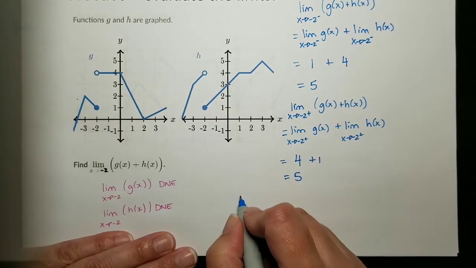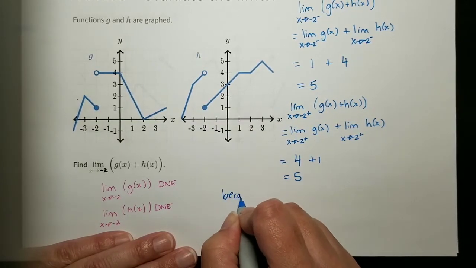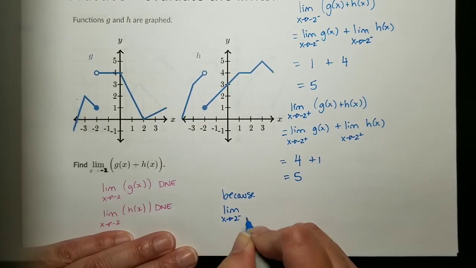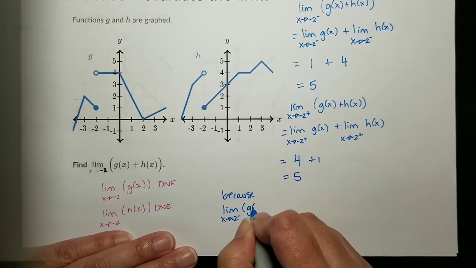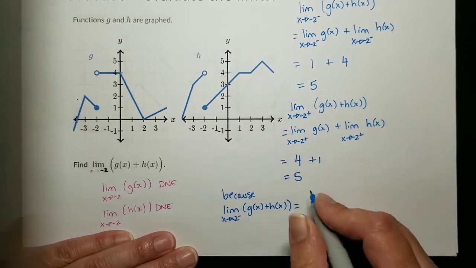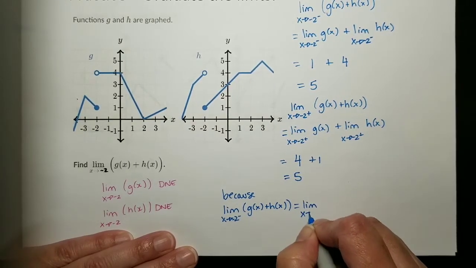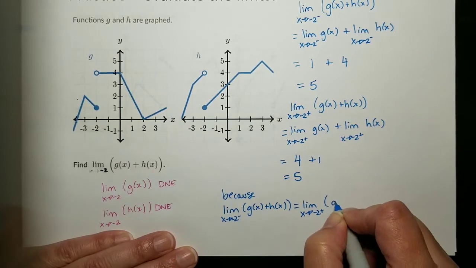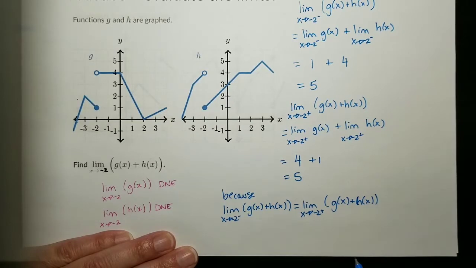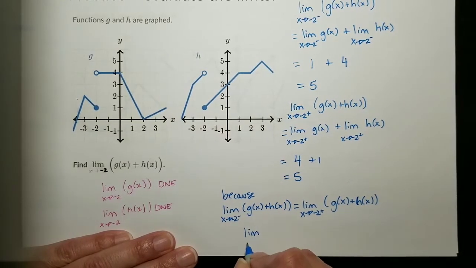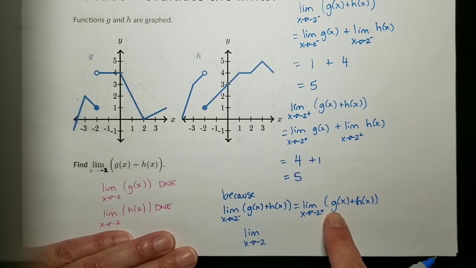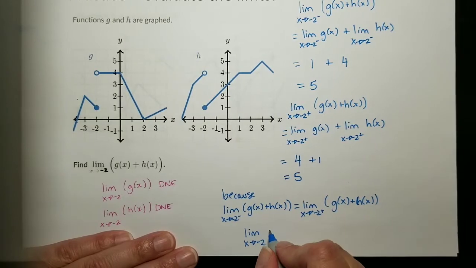So, because the limit as x approaches negative 2 from the left of g at x plus h at x equals the limit as x approaches negative 2 from the right of g at x plus h at x, that means that the limit, just as x approaches negative 2, because the sided limits are equal, this value of 5 is the limit.